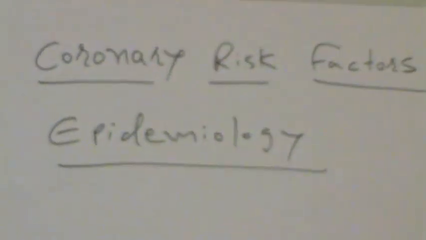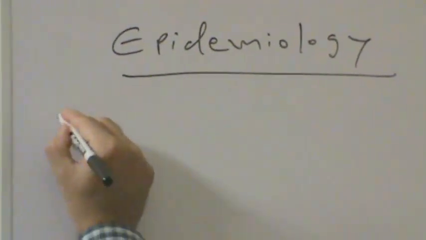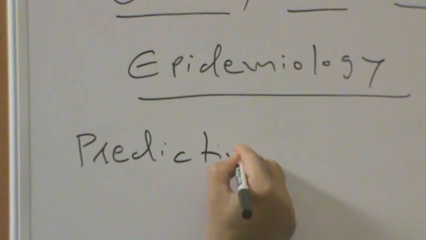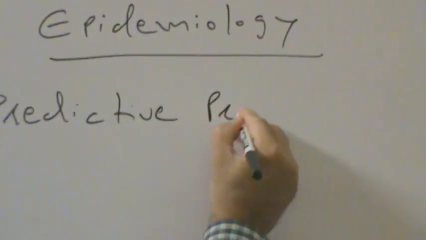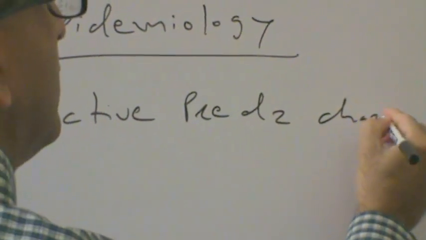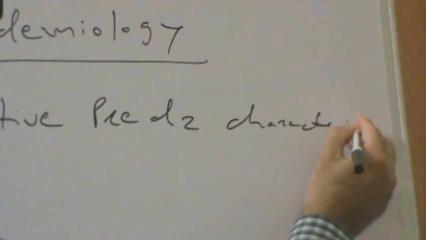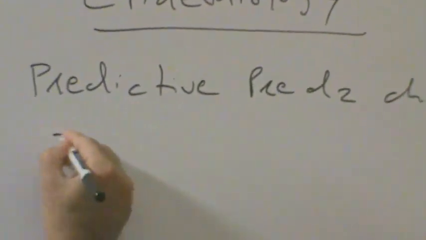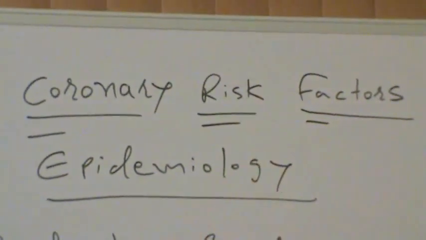Let me write that down here. Predictive pre-disease characteristics is labeled as coronary risk factors.